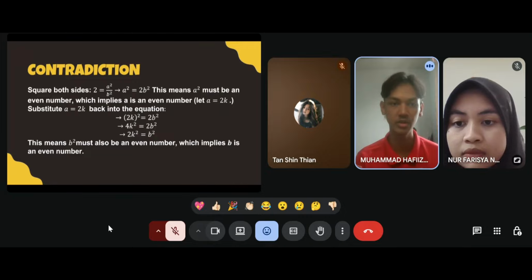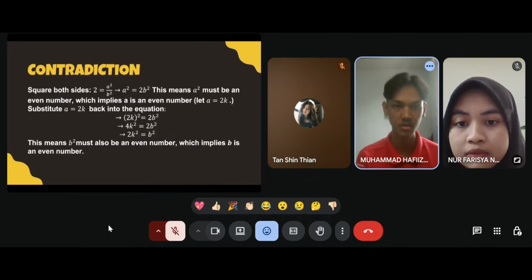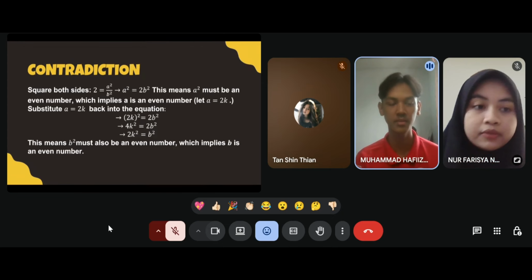Let A equal to 2K. Substitute A equal to 2K back into the equation. (2K) squared equal to 2B squared, and 4K squared equal to 2B squared, so 2K squared equal to B squared. This means B squared must also be an even number, which implies B is an even number.